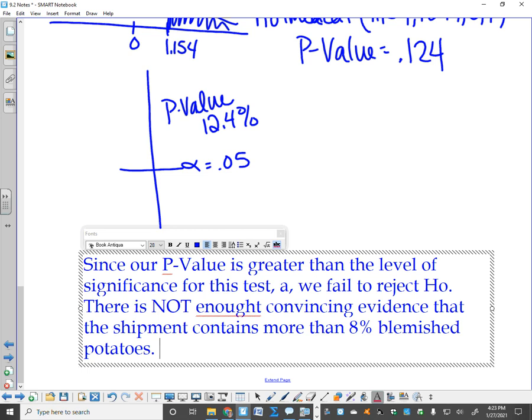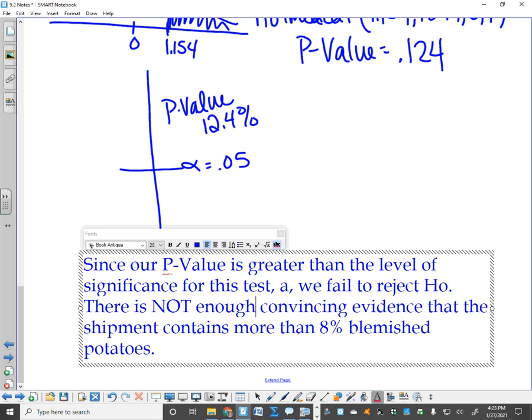All right, so again, I reject or I fail to reject my H sub O, but the evidence statement is always about your H sub A. There is not enough convincing evidence to say that the shipment contains more than 8% blemished potatoes.